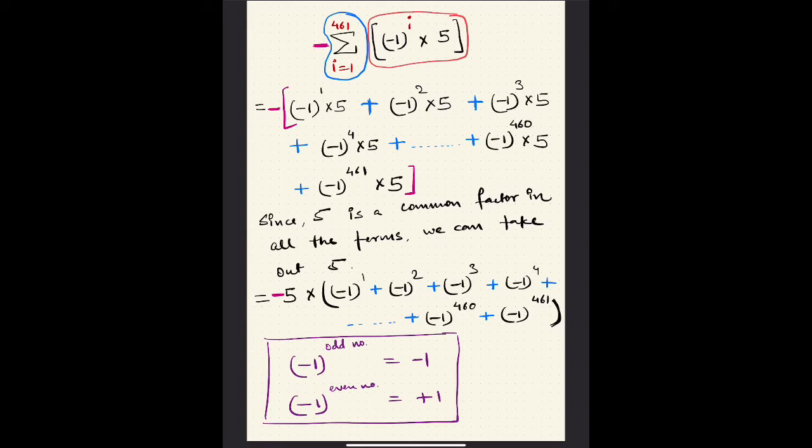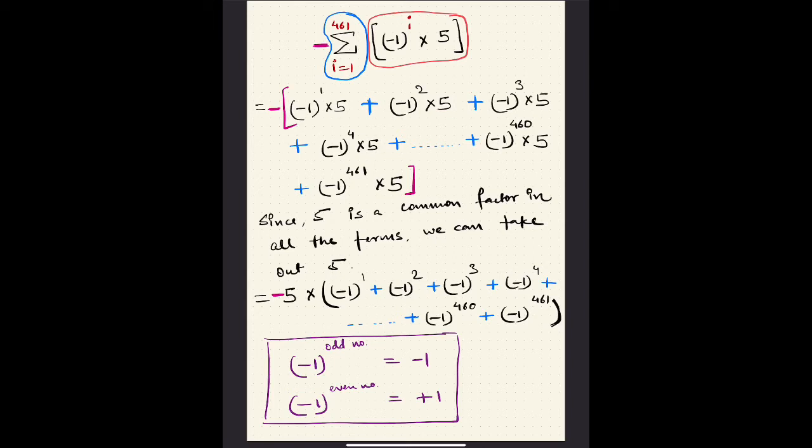Okay, so now one common pattern that we can see here is that this 5 is a common factor of all the terms. We have 5 here, here, here, here. All the terms have this 5 as a common factor. So we can pull out 5. This would make this expression look very simple.